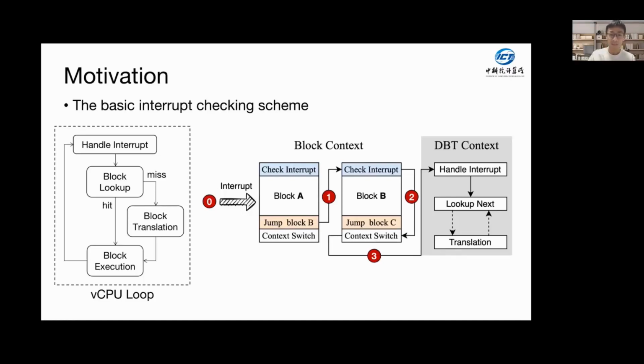In this example, an interrupt occurs when the vCPU is executing inside block A. Then it will execute block B, and it will notice there is a pending interrupt. Then block B will not be executed, and the execution flow will be redirected to the context switch. After the context switch, the interrupt will be handled by the dynamic binary translator.